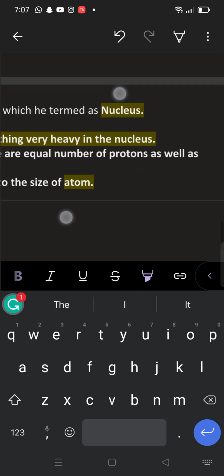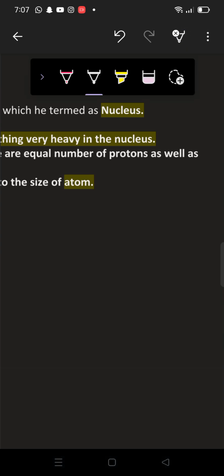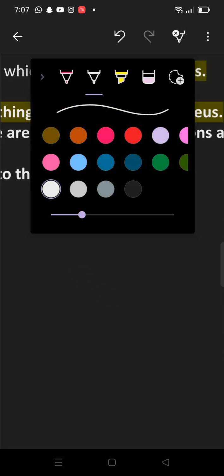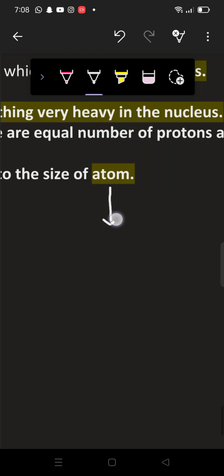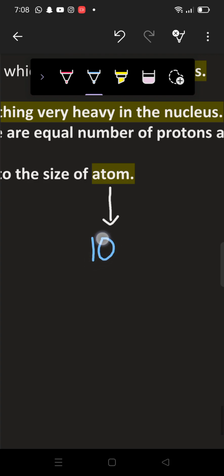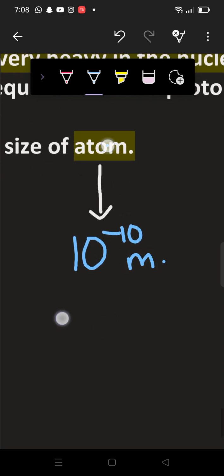Now let me tell you what the size of the atom is and what the size of the nucleus is, right? The size of the atom is 10 power minus 10 meter.